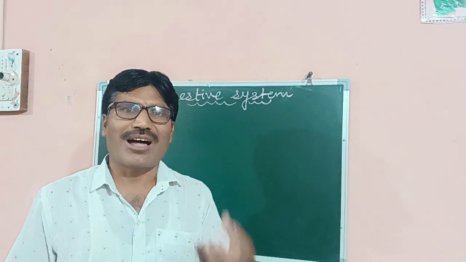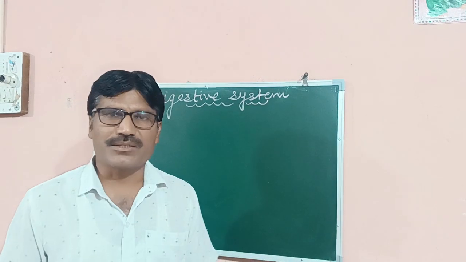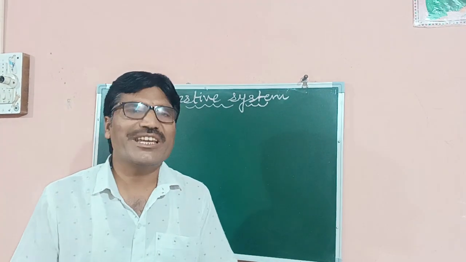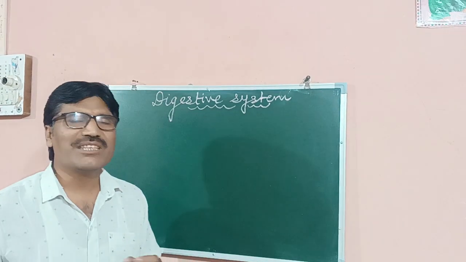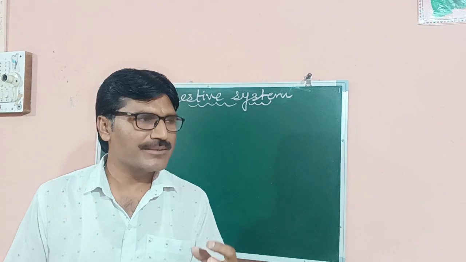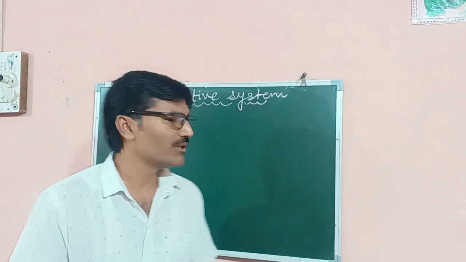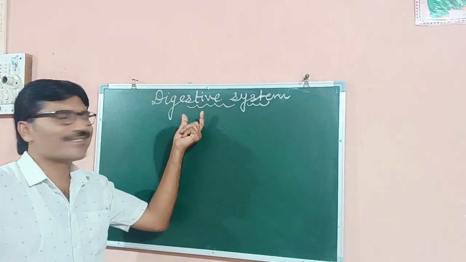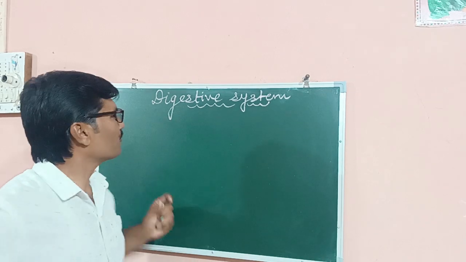So all these things are eaten by us and those are digested. After that digestion, we get energy. That means for our survival, we need food and water, as well as oxygen too. So let's learn about the digestive system of human beings.